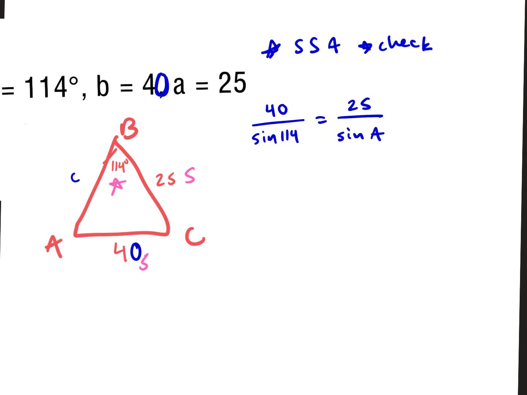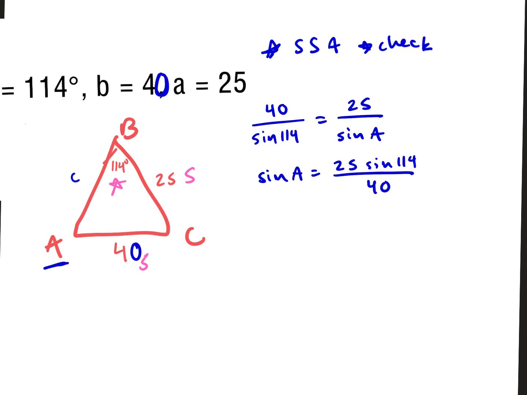Perfect. 25 over sine A. So I'm solving for sine A first. I cross multiply. So I get sine of A is equal to 25 times sine of 114 divided by 40.